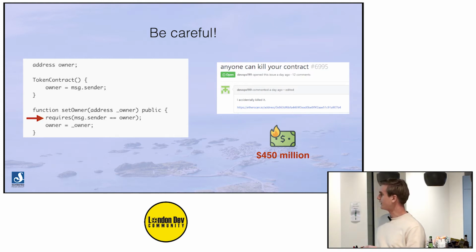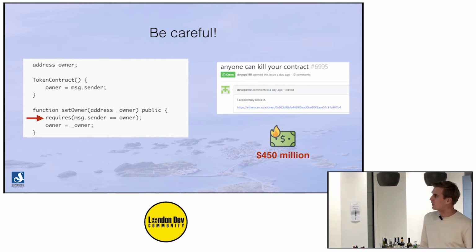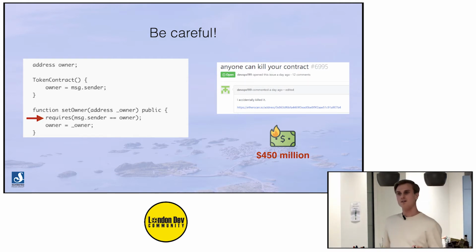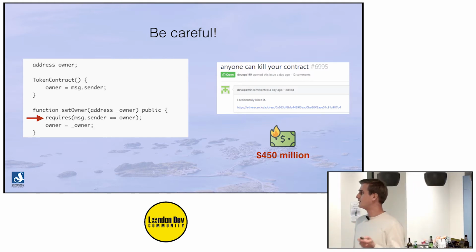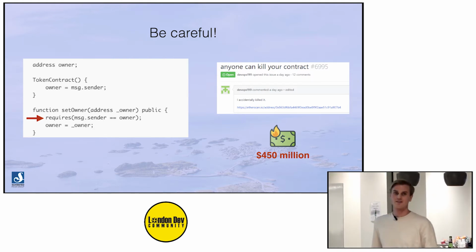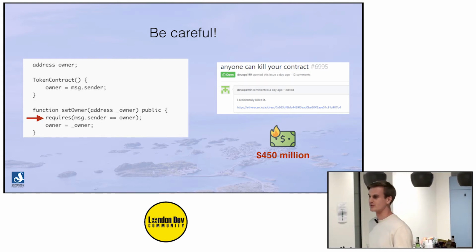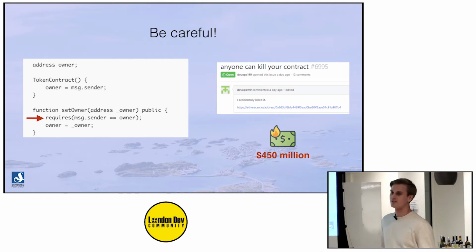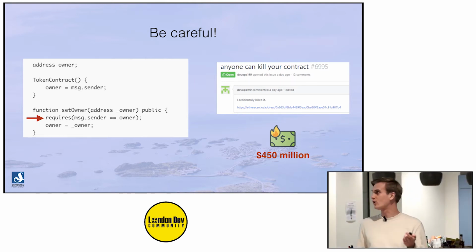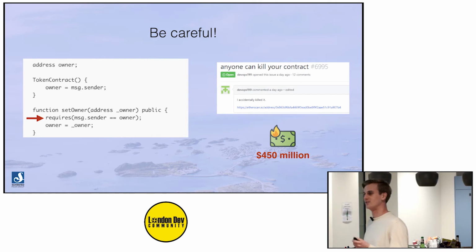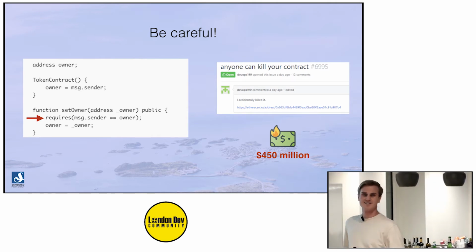Then they forgot to do something like this, and some random guy came in and managed to set himself as owner of that account, which was controlling a lot of funds. And what he did was kill the contract. Random guy goes in, makes himself the owner of the contract, and kills the contract. That contract controlled $450 million. Was it easy?